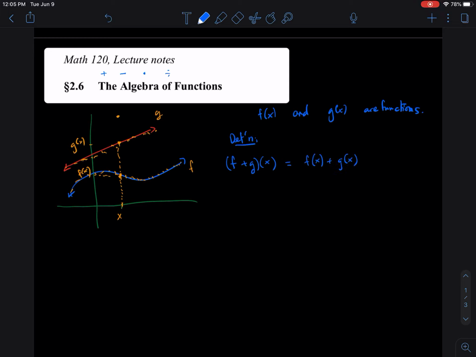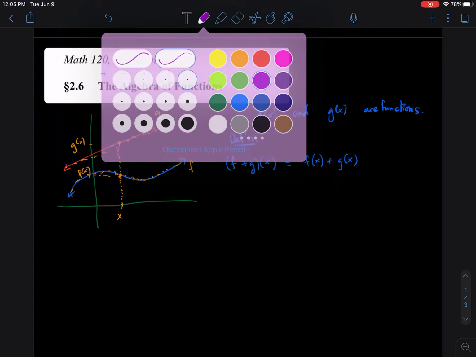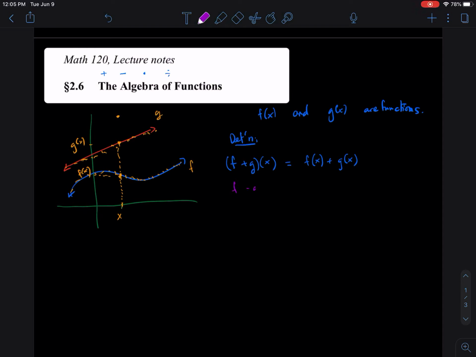So this is a definition. This is for arbitrary x, so whatever particular value of x is given, we plug it into the formulas, we add them, and we get the answer, right? Same thing, we can define the difference as well. It's just f of x minus g of x, and multiplication as well.